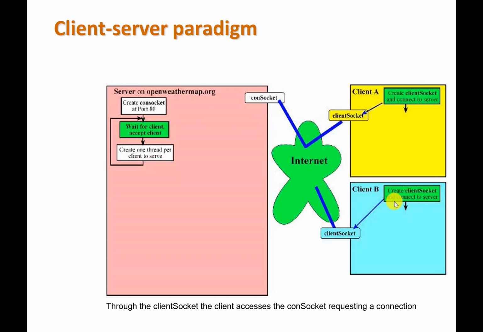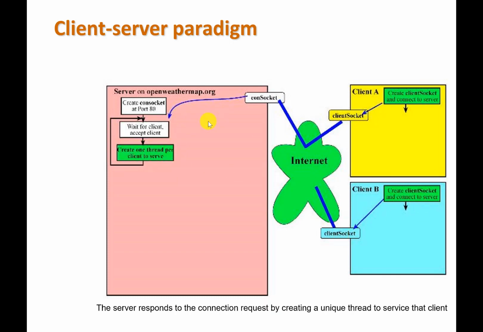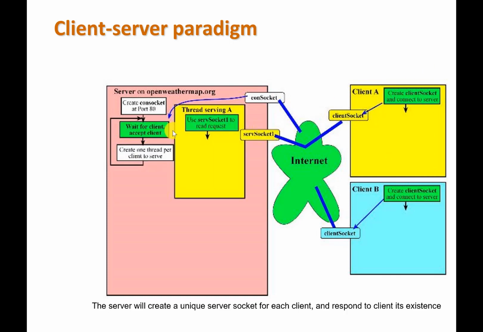At some time later, another client may be doing the same thing. When a server sees a connection request, it will create a unique thread for each of the clients, and can create what's called a server socket.